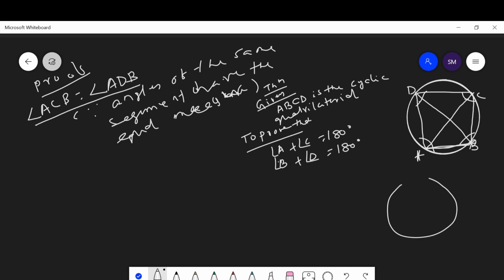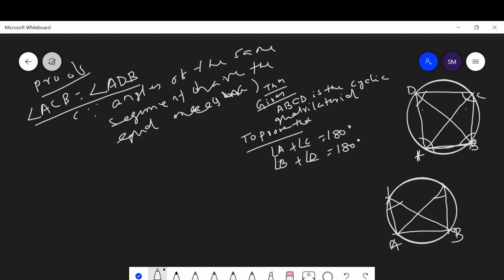Look here: suppose this is a circle and AB is a chord. Then the theorem says that angles of the same segment are equal, this angle is equal to this angle. Recalling the theorem, we can say that angle ACB is equal to angle ADB as they are angles of the same segment.